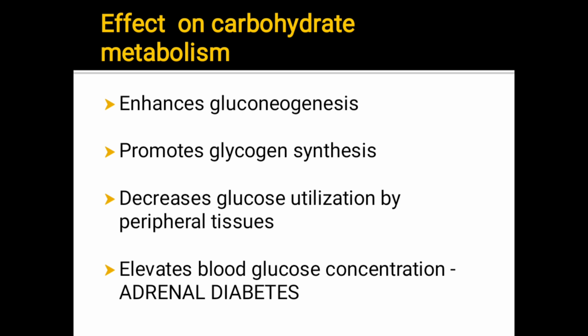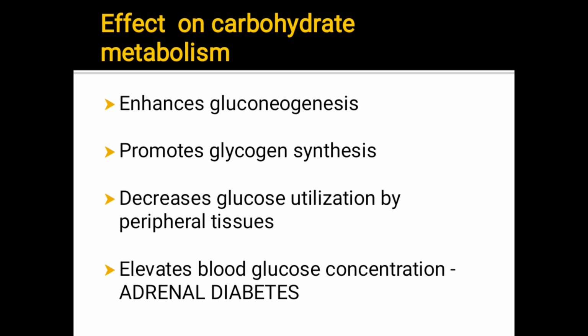Now the synthesis of enzymes involved in gluconeogenesis is increased by the glucocorticoids, for example, glucose 6 phosphatase. Second, it provides amino acids to the liver for gluconeogenesis by proteolysis, that is the breakdown of proteins in the skeletal muscles, and also it inhibits the protein synthesis in the skeletal muscles.